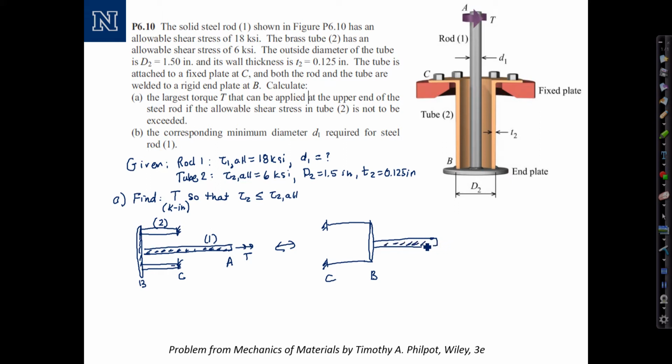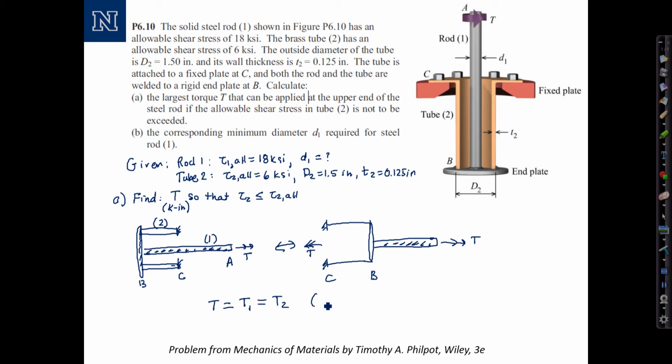I will get slightly different signs for my rotations if it's oriented this way, but otherwise, in terms of forces, everything else is equivalent. And an applied torque at the end will transfer all the way through the system and form a reaction torque at end C. And what that tells us is that the applied torque is equal to the internal torque in shaft 1, or rod 1, is equal to the internal torque in tube 2.